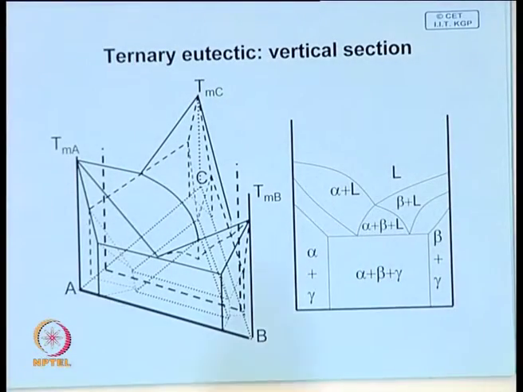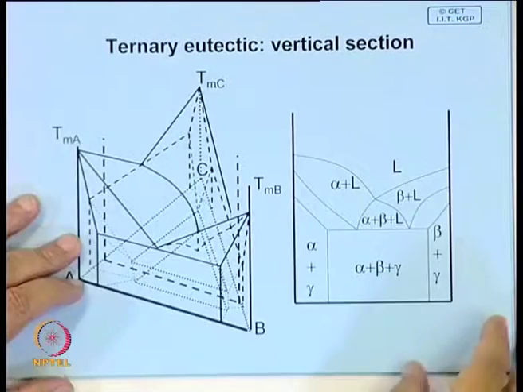Now, let us try to understand how we can draw a vertical section. For that, it is the 3 phase region, that is between the binary eutectic and the ternary eutectic. It is necessary to visualize what is the nature of this zone, and we will see in the next 2 diagrams.